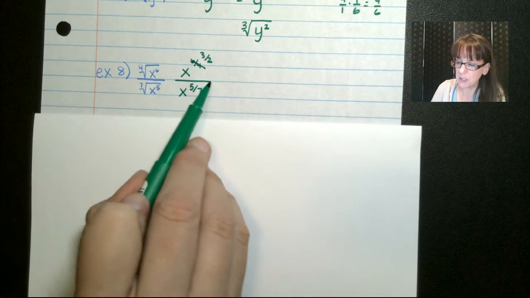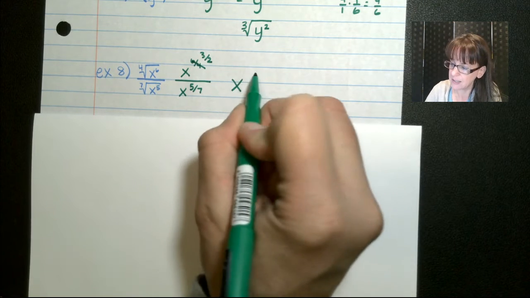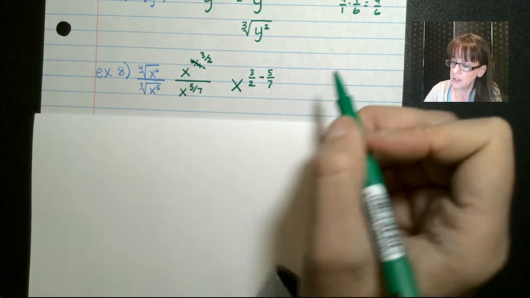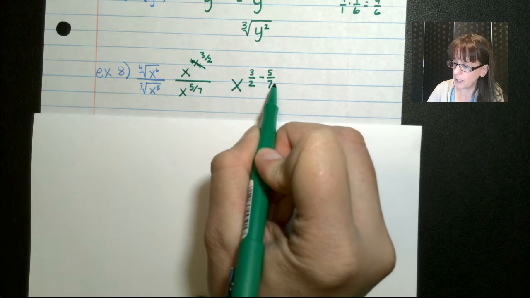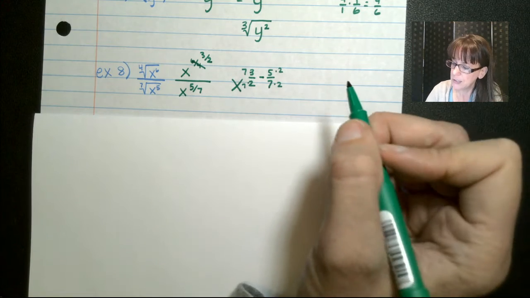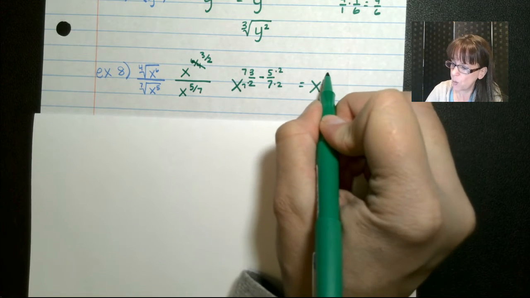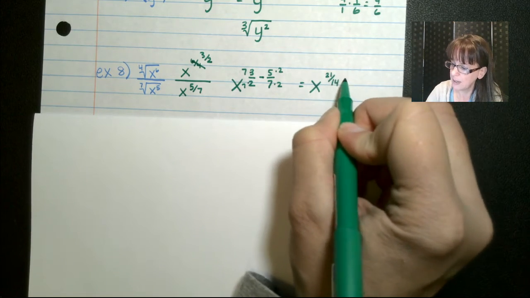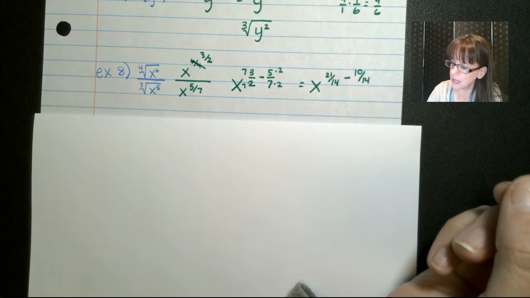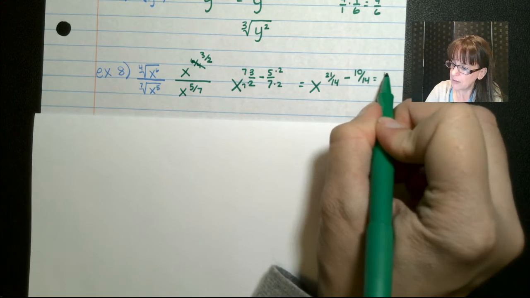Now remember, this is just a subtraction problem. So what we have is x to the 3 halves minus 5 over 7. So we have to have a common denominator here. So multiply this by 2, and this by 7. So now what we have is x to the 21 over 14 minus 10 over 14, which gives us 11 over 14.